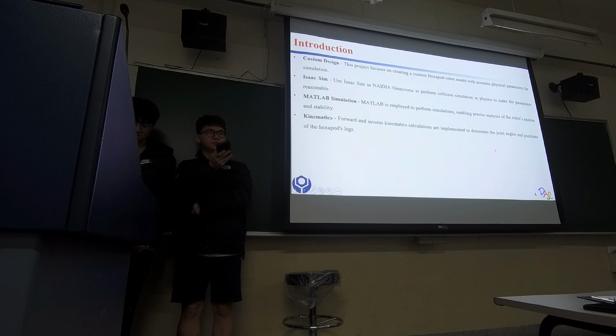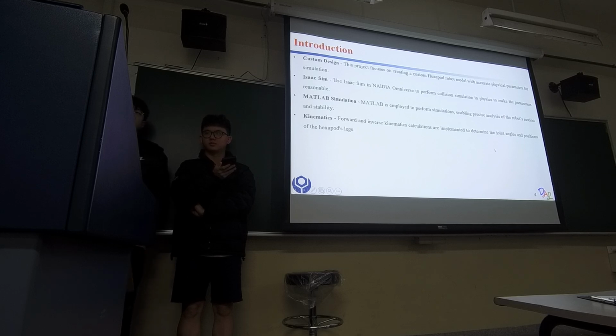So we design our hexapod by ourselves, and we simulate it in i16 and MATLAB. Then we do some forward kinematics and inverse kinematics calculations, and determine the joint angles and positions of our hexapod legs. So now let's talk about how we design the hexapod.